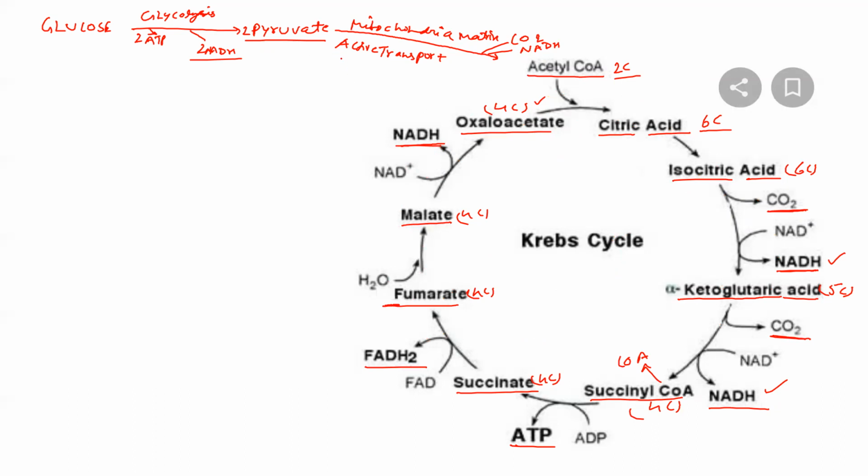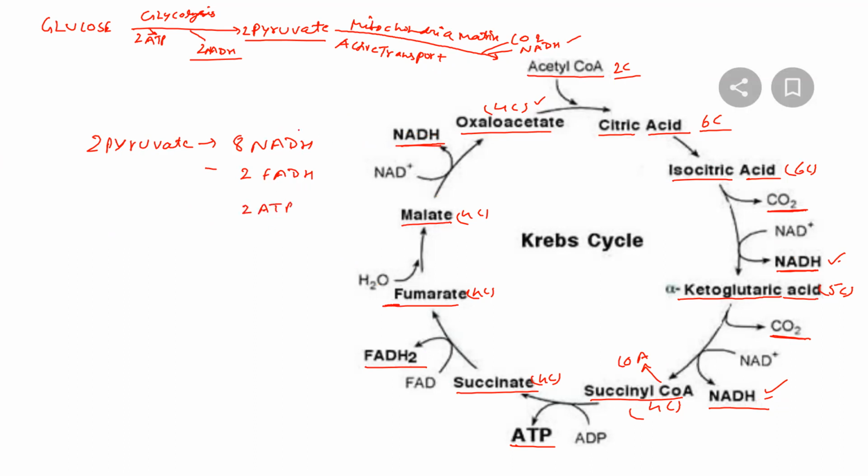Okay, so here is 1 2 3 4 NADH. So from 1 pyruvate 4 NADH, so 2 pyruvate will produce 8 NADH and 2 FADH2, and already 2 ATP is produced.